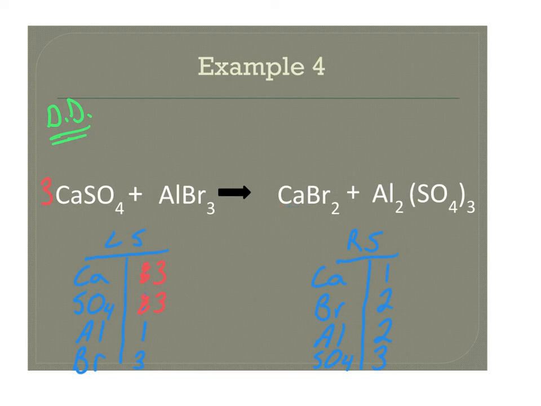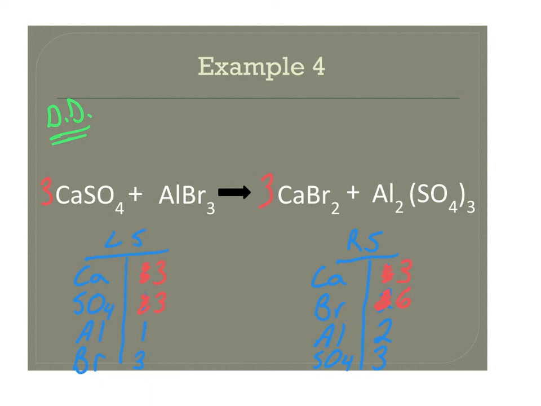So to do that, again, I can add a coefficient in front. I'm going to add a 3 there. And so now I have 3 Cas. Always double check to see how that changes things. So by adding a 3 there, I have 3 Cas, and I now have 6 Brs. So we have to make sure we balance the Brs. I have 6 of those.